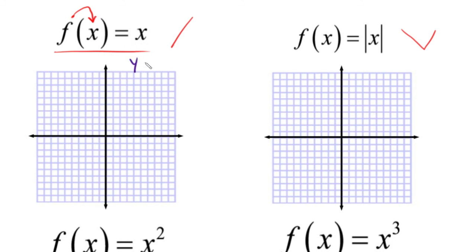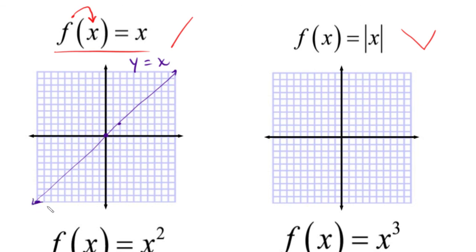So if you plug in 0 for x, you get 0 out for y. If you plug in 2 for x, you get 2 out for y. If you plug in 10 for x, you get 10 out for y. And the same is true with the negatives. If you plug in negative 10 for x, you will get negative 10 for y because x equals y. And it creates this diagonal line straight across the origin.